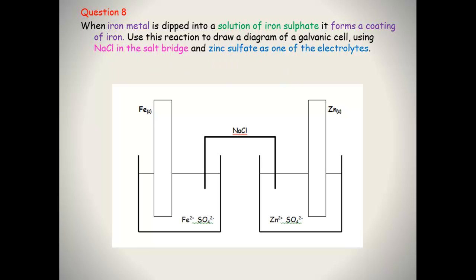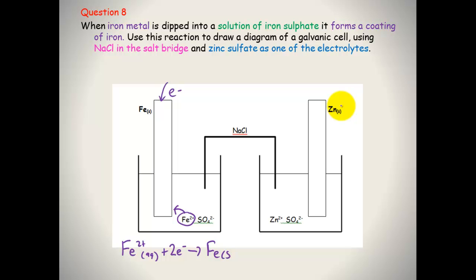So iron metal is forming a coating of iron. So what's happening here is that Fe2+ ions are coming out of solution to form iron solid. So these here are forming iron solid because they're accepting an electron from this reaction here.